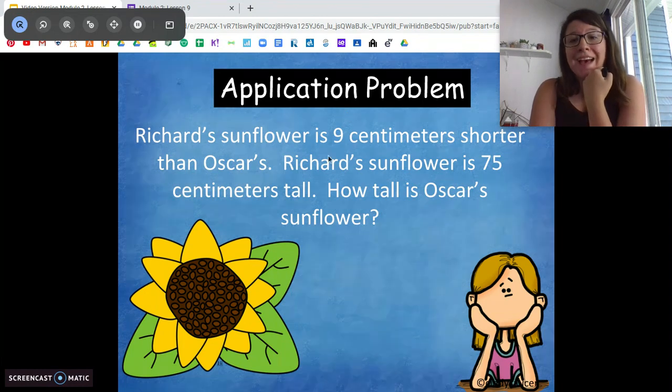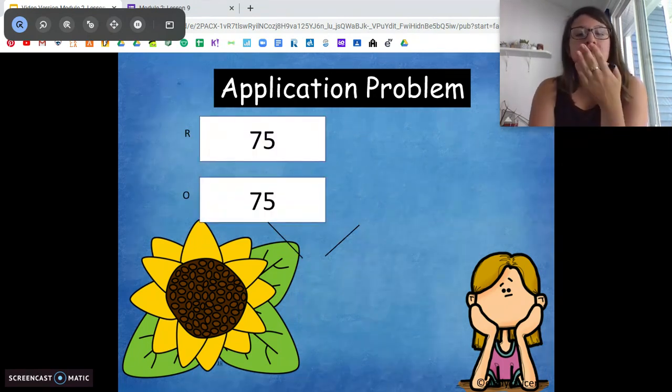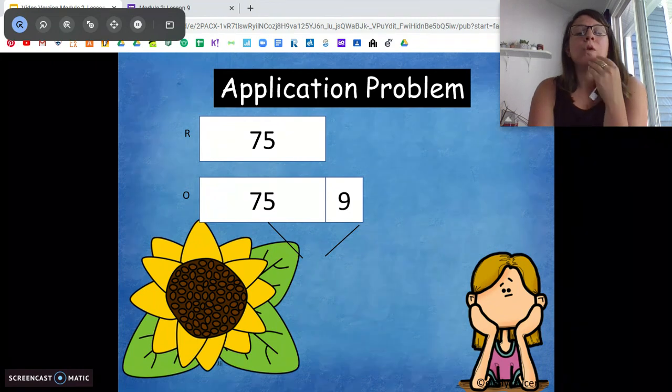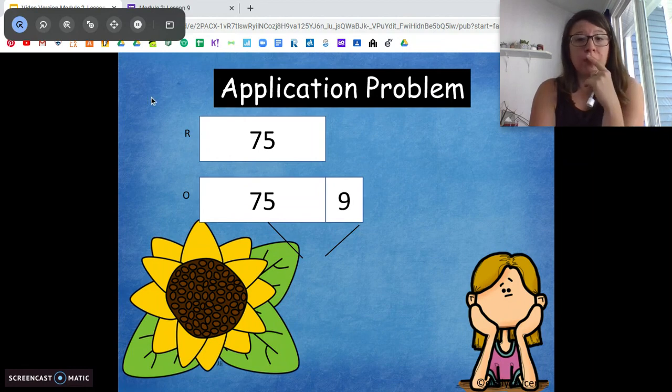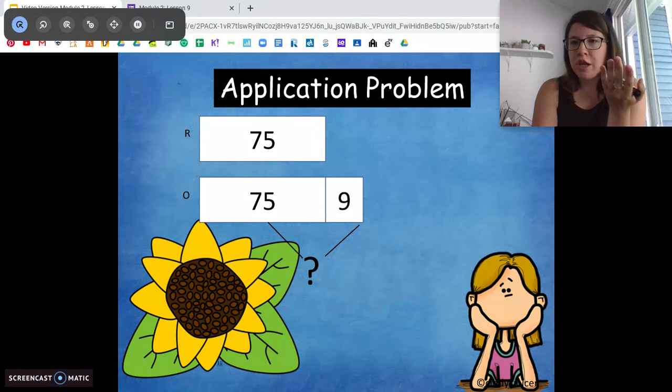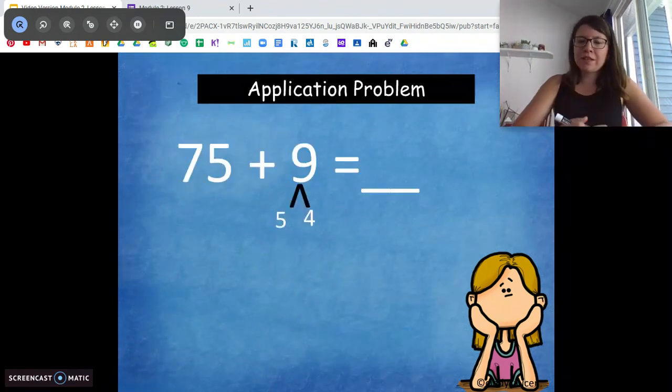So we have to add this 9 centimeters onto Oscar's because we know, sorry, that was my dog. We know Richard's is shorter. So Oscar's is longer, we're going to add those 9 onto Oscar's sunflower. Very good. So we know Richard is 75, but we need to figure out Oscar's. So let's just add those together. Pause the video and finish solving this problem for me.